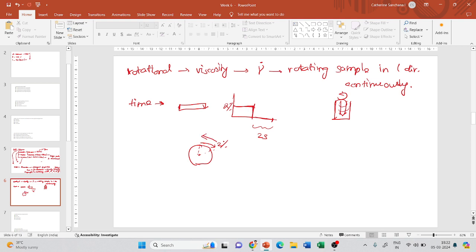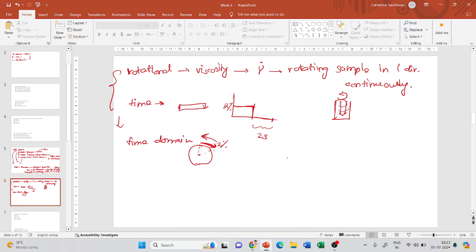Here this is also a rotational test, but I cannot exclusively call it rotational, because it will not keep rotating. It will move in one direction, stay constant, and then move in the opposite direction. So both are time domain tests.